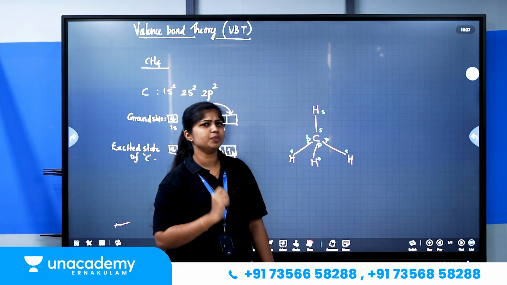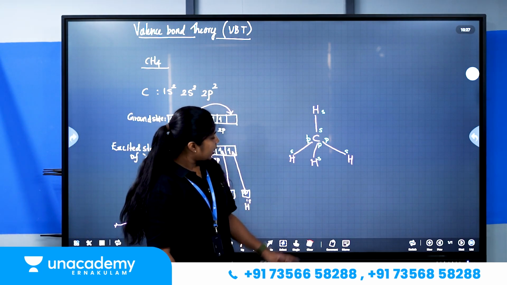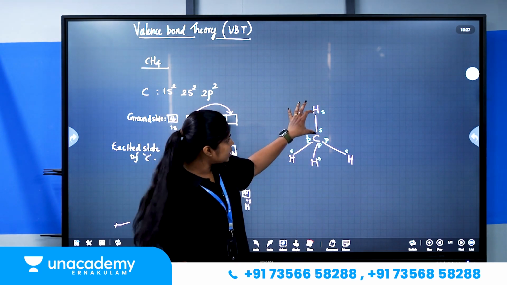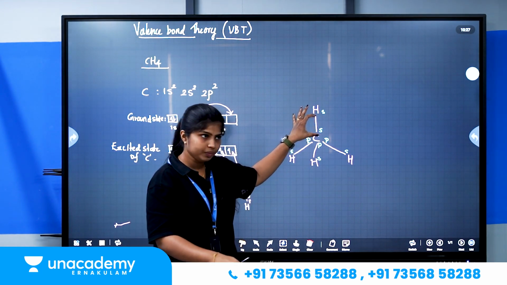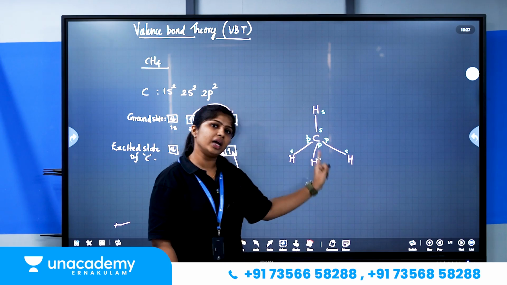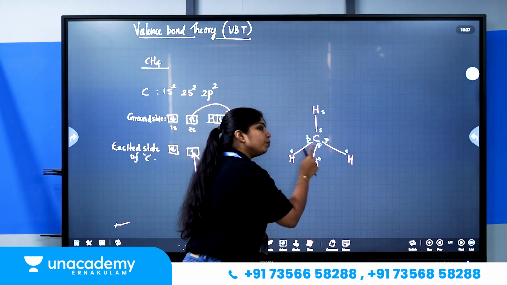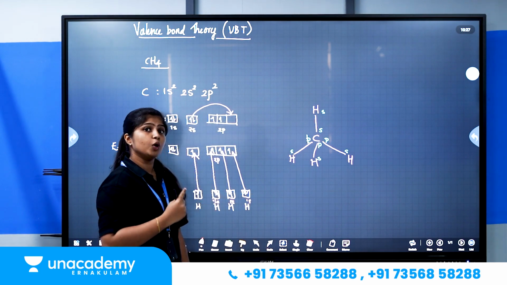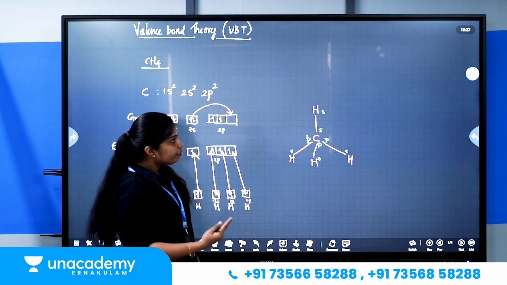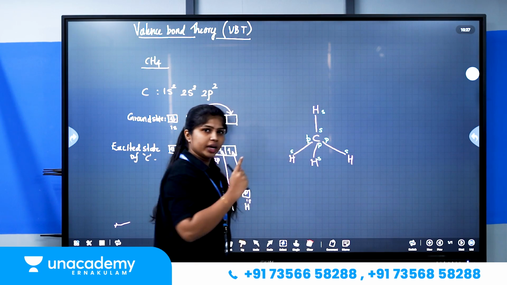But see, there is a problem. If one is formed through ss overlapping and the other 3 are sp overlapping, which means these 3 bonds should have a bond length different from this one, right?